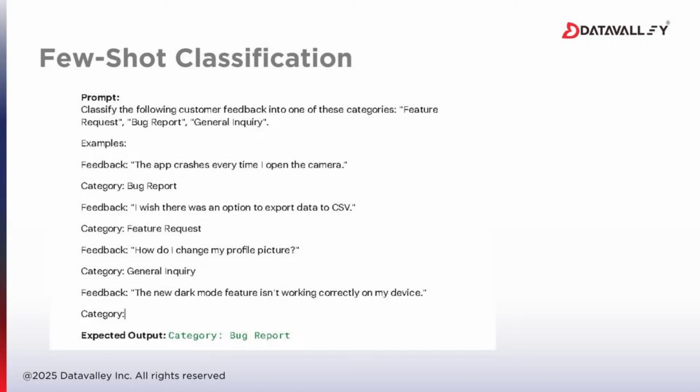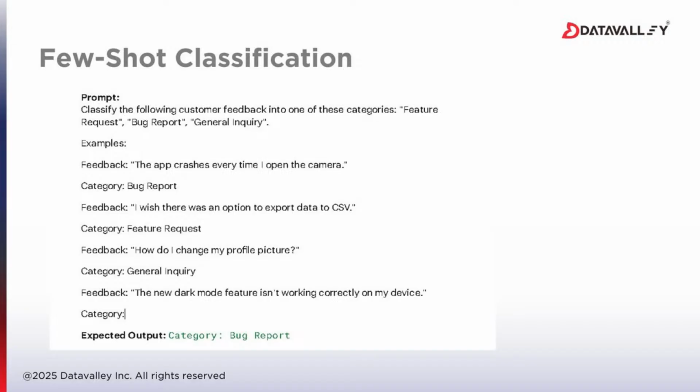then the AI doesn't guess. It looks back at the examples we gave in the prompt. It sees that the app crashes every time, which maps to the bug report category.